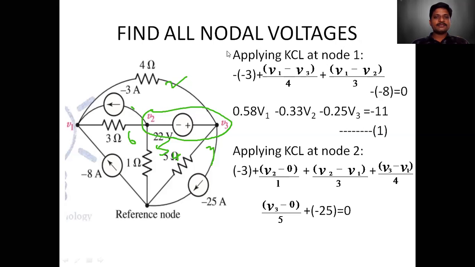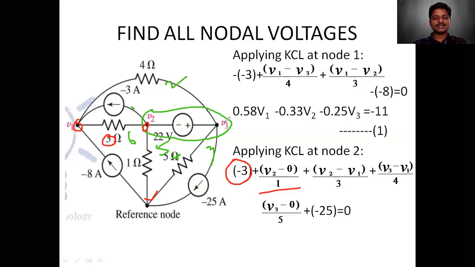Minus 3 amperes is leaving now. Therefore, we will write plus of minus 3. And then (V2 minus 0), that is the reference node, by 1, that is one term. Next, (V2 minus V1) by 3. Now with V2 all the terms are written.